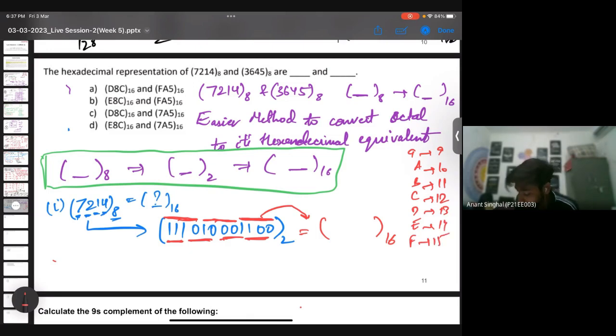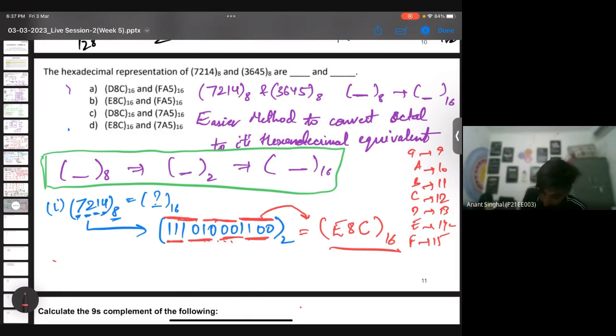So 1100 is 12, which is C. Then I have 1000, which is 8 directly, and then 1110, which is 14, denoted by E. So for the first part, 7214 to the base 8, we have calculated the hexadecimal equivalent quite easily just by converting the octal to its binary equivalent and then to its hexadecimal equivalent.